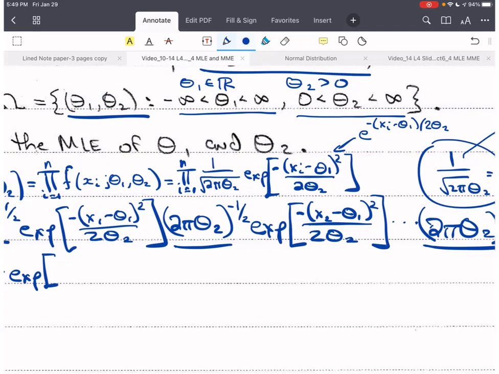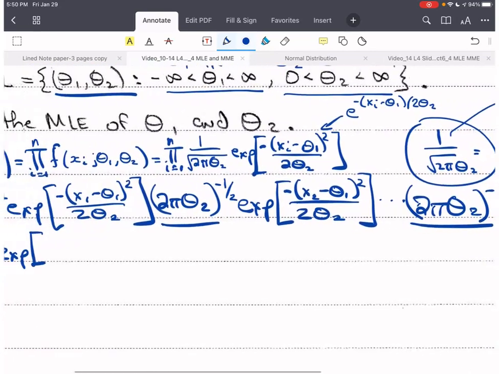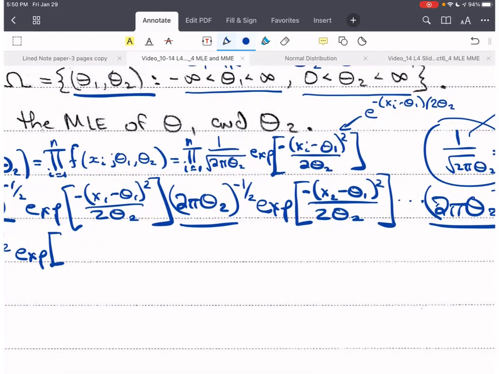They have a common denominator, 2 theta 2, all of them, and there's n of them, and so it goes from x1 up to xn, and I'm summing, but there's a square here, so I can't get rid of anything or combine anything or make anything any simpler, it's going to be the sum of xi minus theta 1 quantity squared over 2 theta 2.